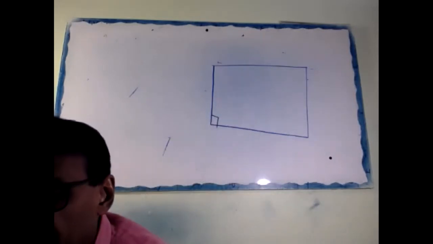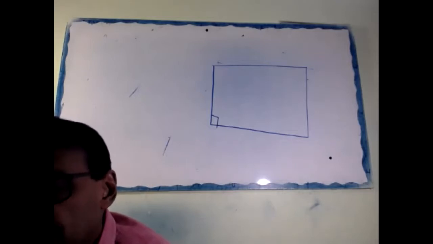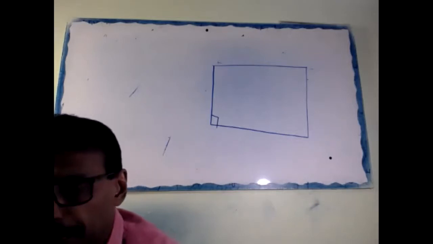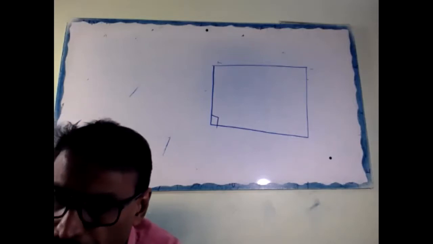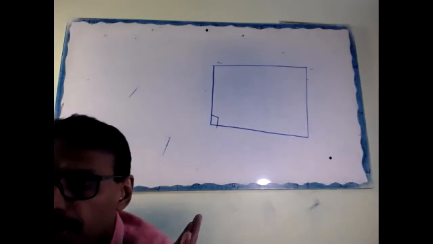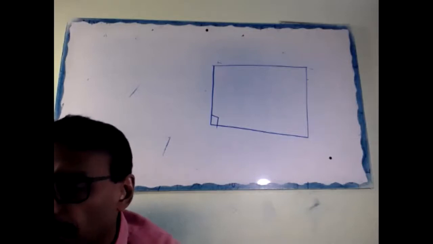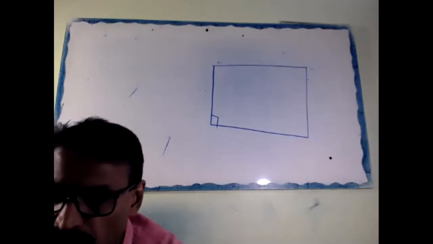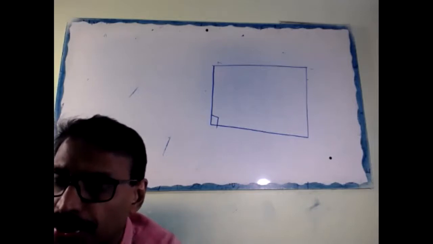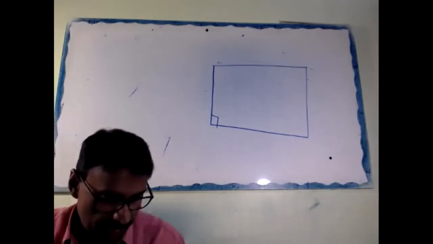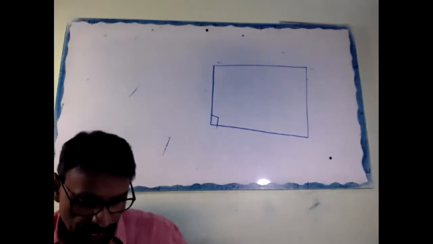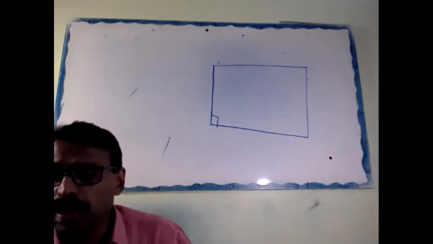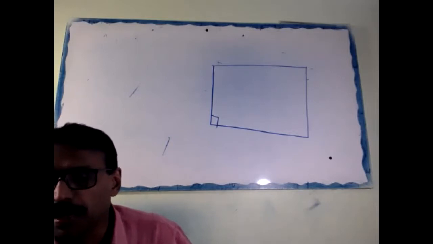The trapezium definition is what? One pair is parallel. If one pair is parallel, it is a trapezium. Even if both pairs are parallel, it is also a trapezium, no problem. Clear or no? At least one opposite pair parallel is called a trapezium. A parallelogram is a trapezium, but a trapezium is not a parallelogram.